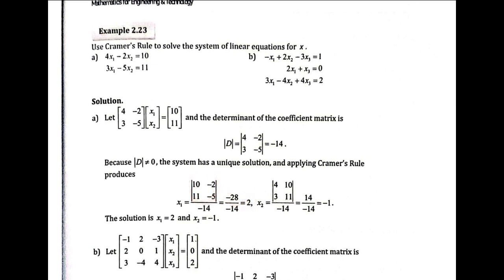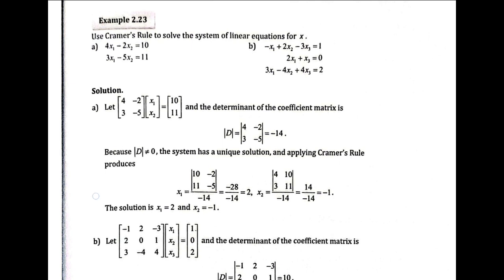The next one, you substitute the coefficient column for x2 with the constant matrix, and this is what you get. Calculate its determinant, you get 14, divide, you get -1. So for this case, x1 is 2, x2 is -1.